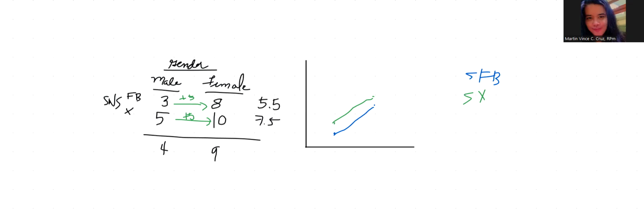Instead, it is best that you look through the data itself and see how one level of the independent variable influences the data itself. And also, if you plot your data and you have observed a parallel line, it means that there is no interaction.